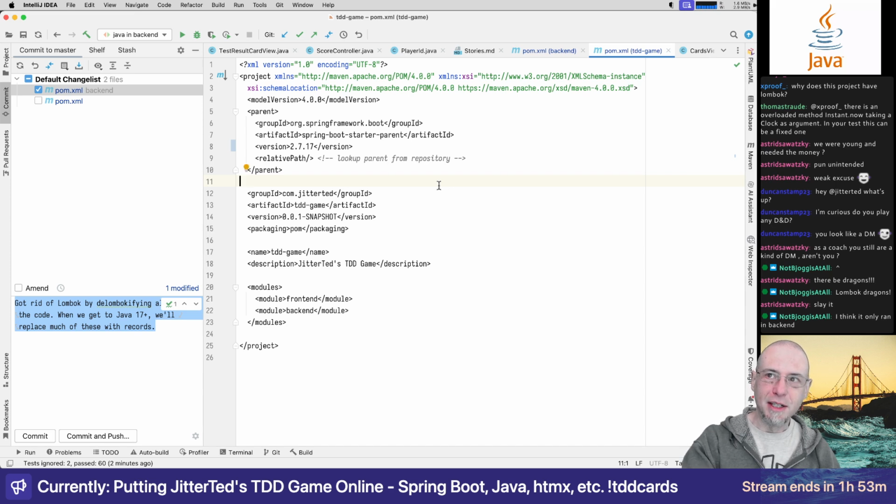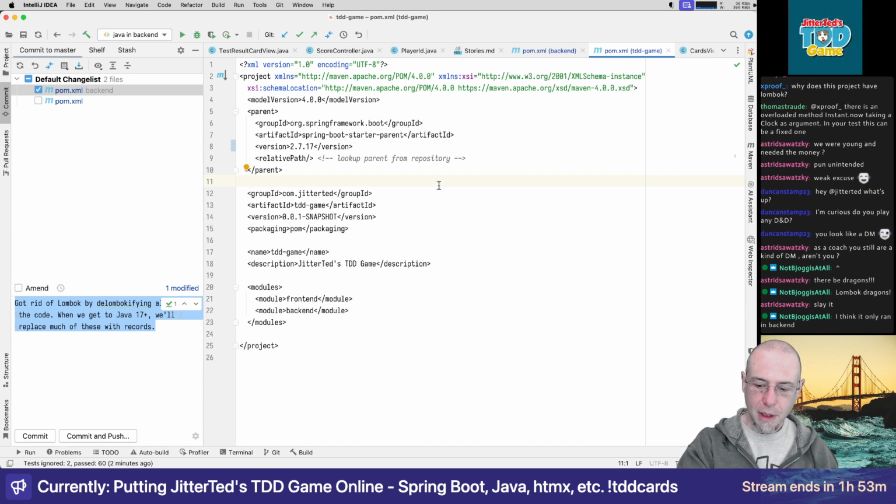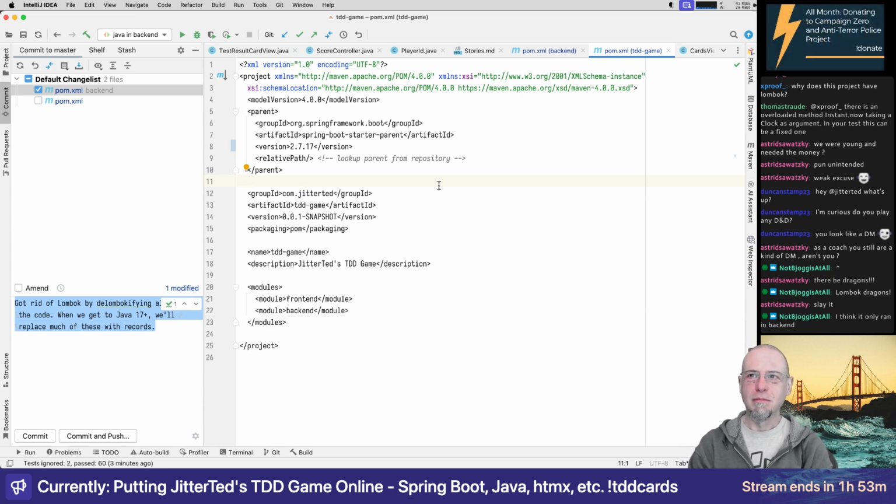I mean, to be honest, we're not going to have a multi-module project anymore once I get rid of the front end. But not being able to, is that a bug or is that just, oh, we never thought that you'd run it on a multi-module project? I don't know.